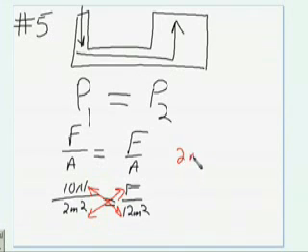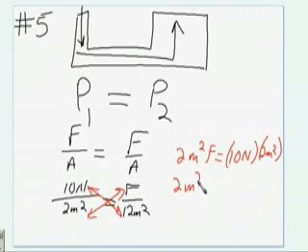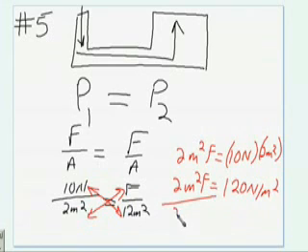So we get 2 meters squared F equals 10 newtons times 12 meters squared. So 2 meters squared F equals 120 newton meters squared. Divide by 2 meters squared.